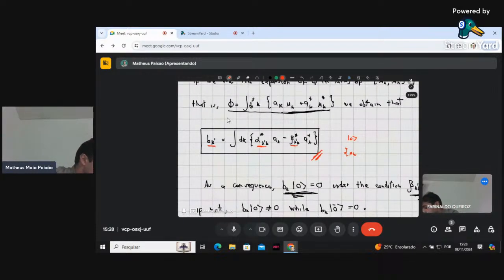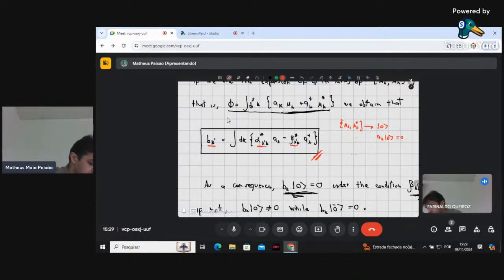So I can express B in terms of the Bogoliubov coefficients, and if the vacuum 0 is the vacuum of my U basis, so I have this U chi stars, and we have the vacuum 0 defined in terms of this basis. That's just the vacuum where the coefficient A are going to annihilate.